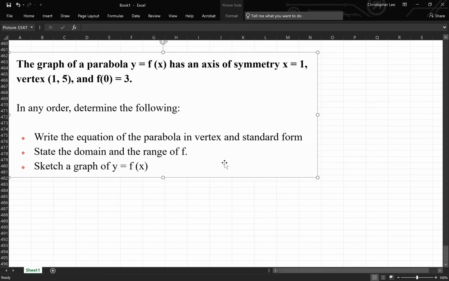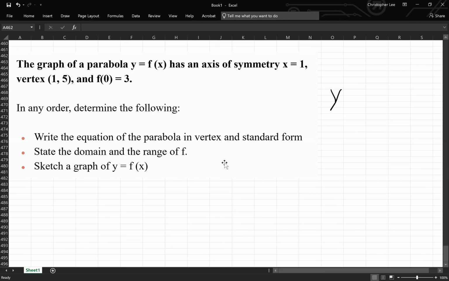Okay, let's start off with the equation. Just to recap, vertex form is y equals x minus h squared plus k. Let's go back to the vertex.